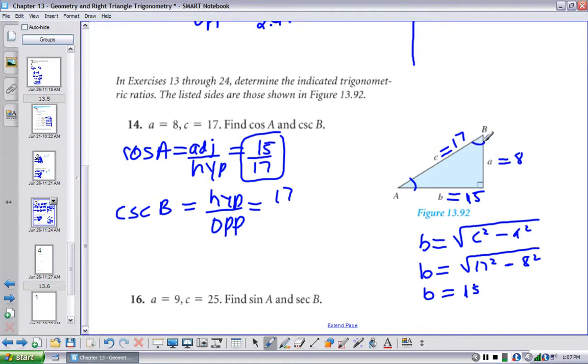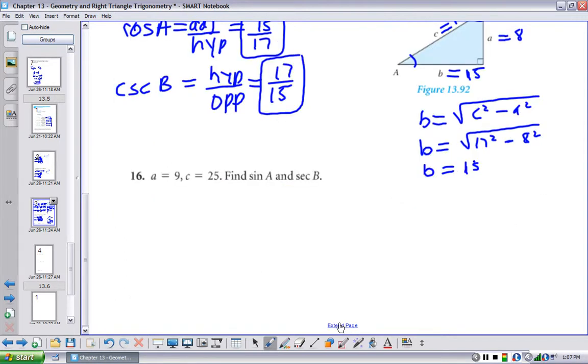So this is B, so that's hypotenuse, opposite is 17 over 15. And we noted before that cosine and cosecant, no, these are not reciprocal functions. It just so happened that we got those values back, but they're not reciprocal functions.